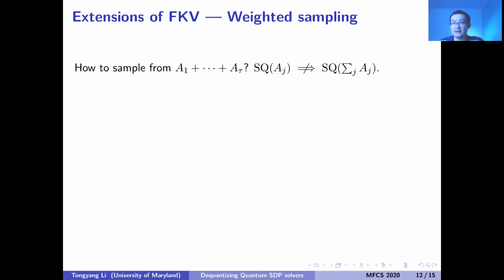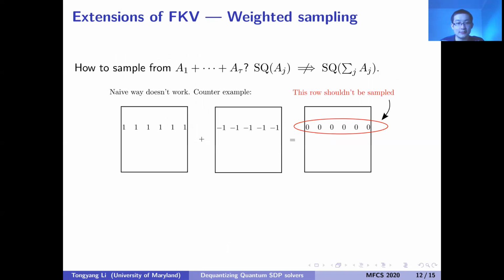So why do I say that this is highly non-trivial? Maybe we just think about this example. The naive way: for instance, if for the matrix A1 here you have all one rows, and for the matrix A2 here you have all minus one rows. If you just add them together, from the value point of view, they are all going to be zero.